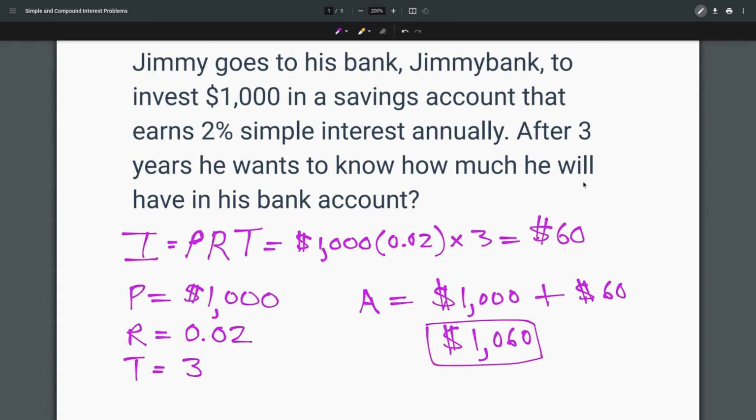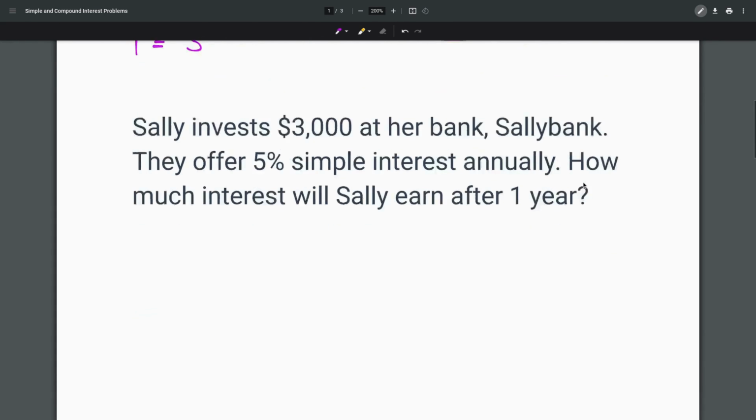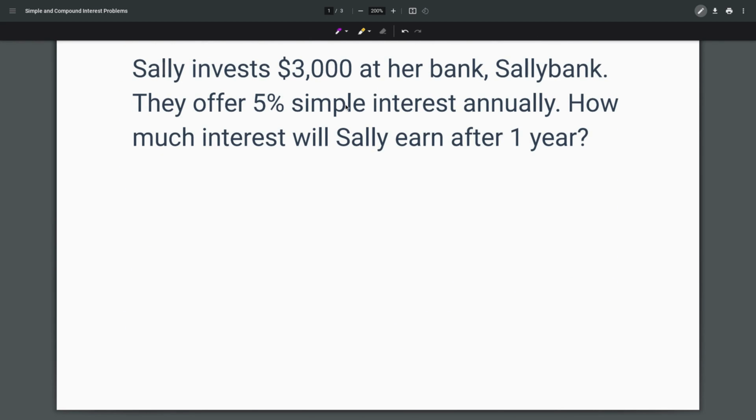Okay, let's go try another one. So Sally invests $3,000 at her bank, Sally Bank. They offer 5% simple interest annually. How much interest will Sally earn after 1 year? So in this case, we're just calculating the interest. So again, interest equals the principal amount times the rate times the time.